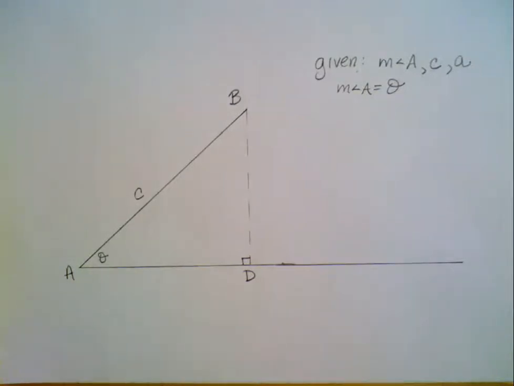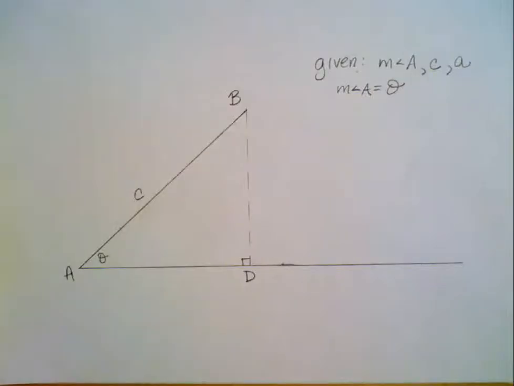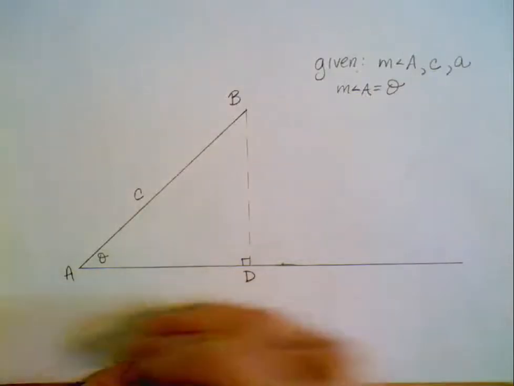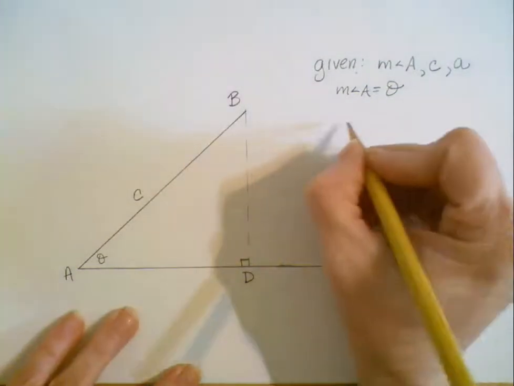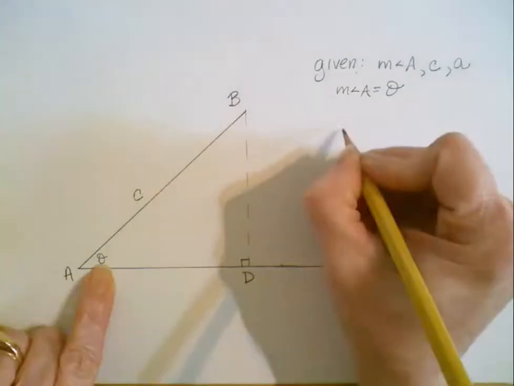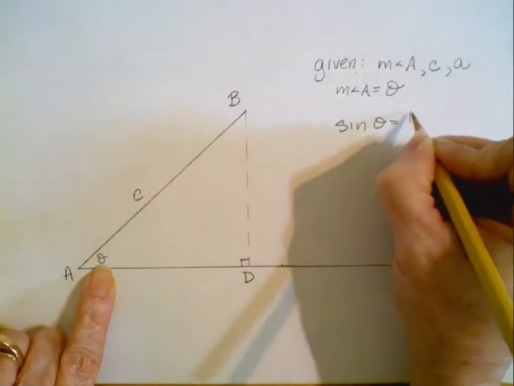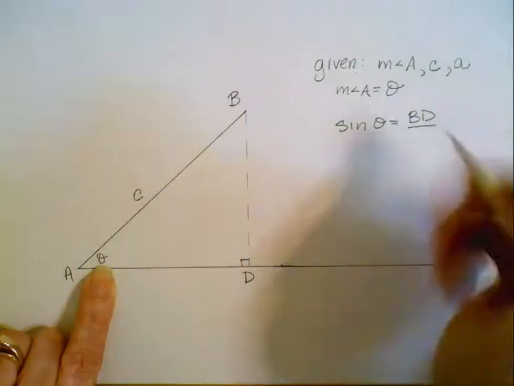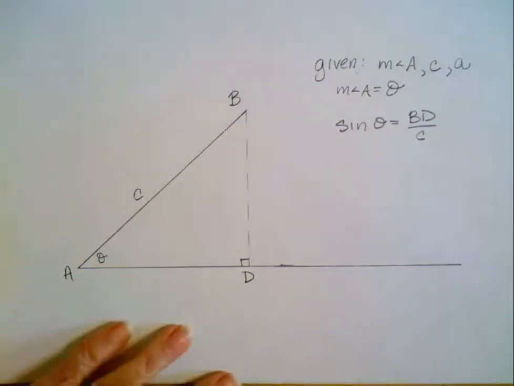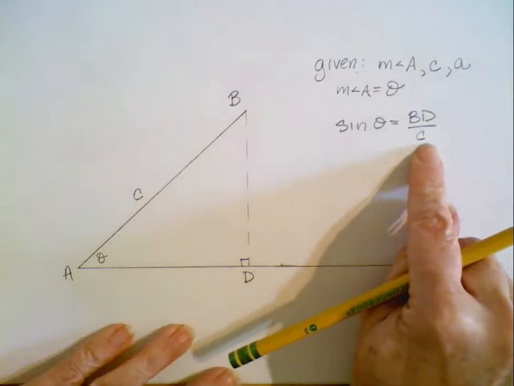then the one solution has to occur where this segment BD is perpendicular to the segment AC. Now, because it's got to be perpendicular, we can fall back on what we know about right triangle trig. So from right triangle trig, the sine of theta would be the length of segment BD over the hypotenuse C. Now remember, this theta is given and that side C is given.